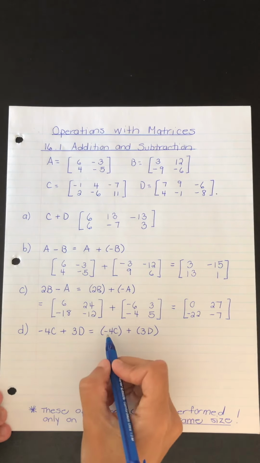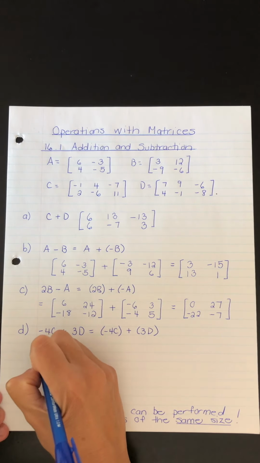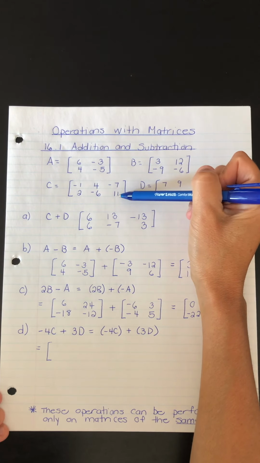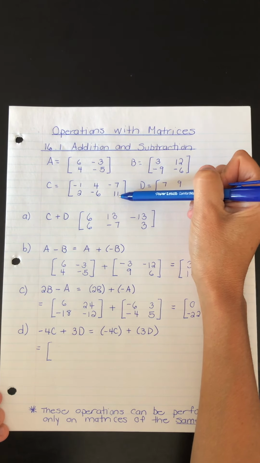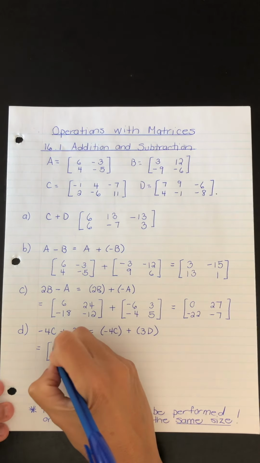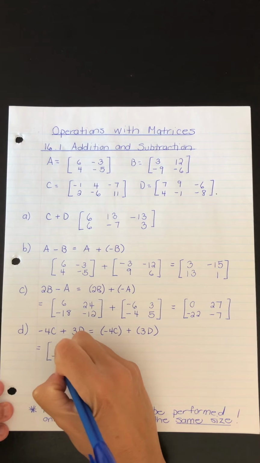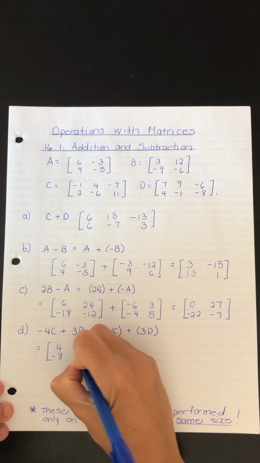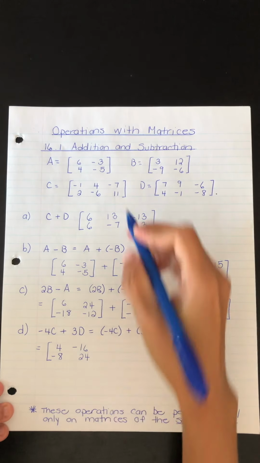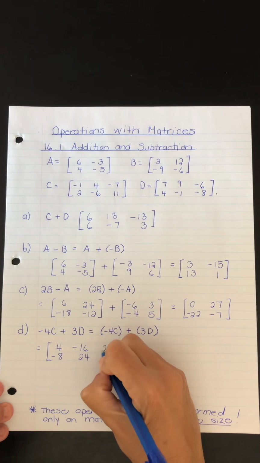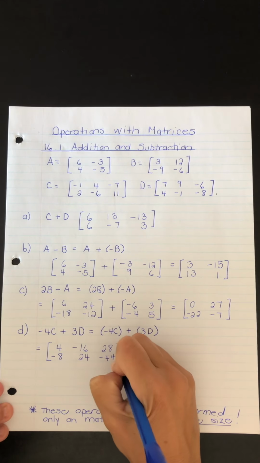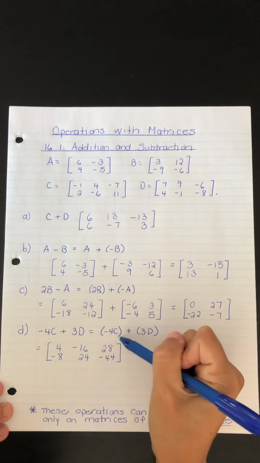Okay, so let's begin. Negative 4 times C. So we take every element here and multiply each of those elements by negative 4. So that will give us 4, negative 8, negative 16, positive 24, positive 28, and negative 44. That's the matrix negative 4C.